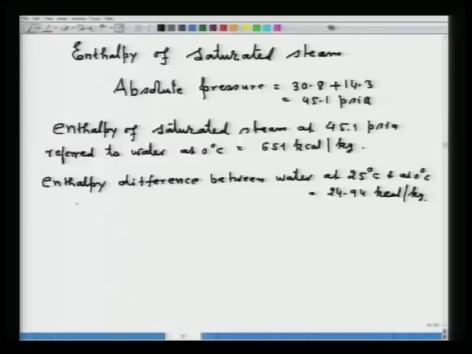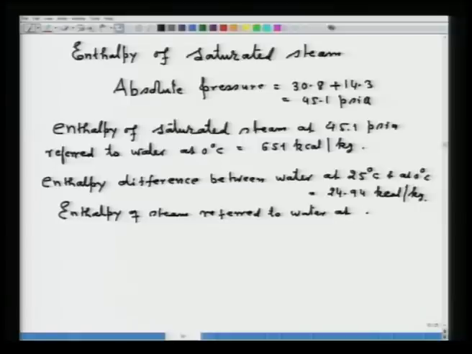Therefore, the enthalpy of steam referred to water at 25 degree Celsius is equal to 626 kilocalorie per kg, approximately; it is 24.95, I took 25.